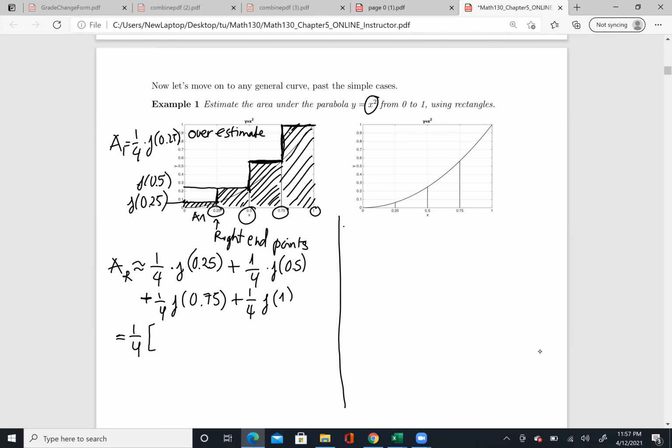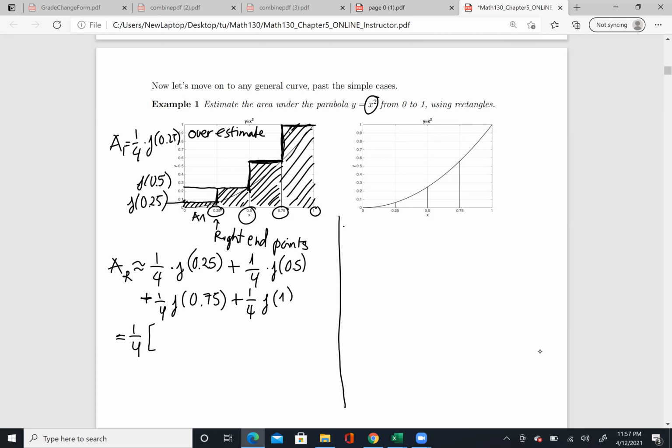Circle this. So another case in which we can estimate the area under the parabola is if I use the left endpoint. I use the left endpoint for each interval.